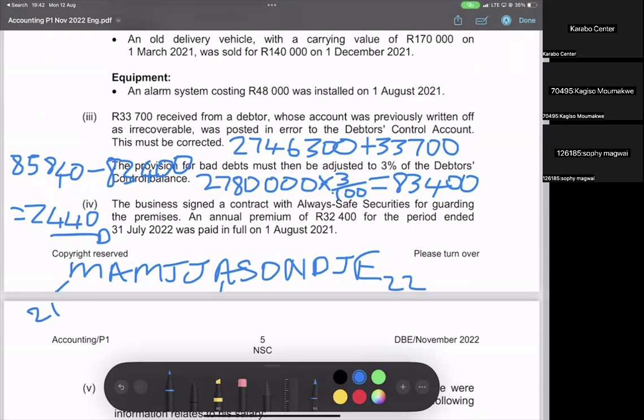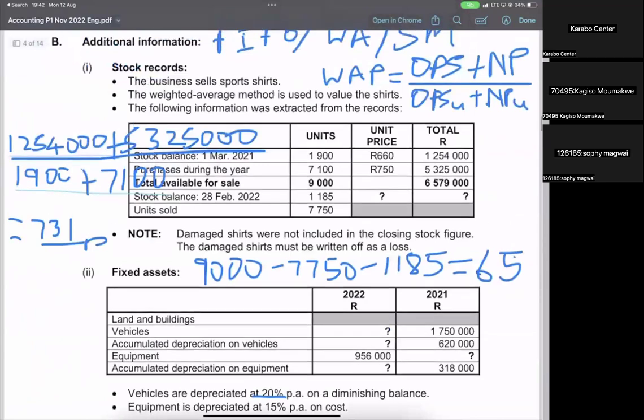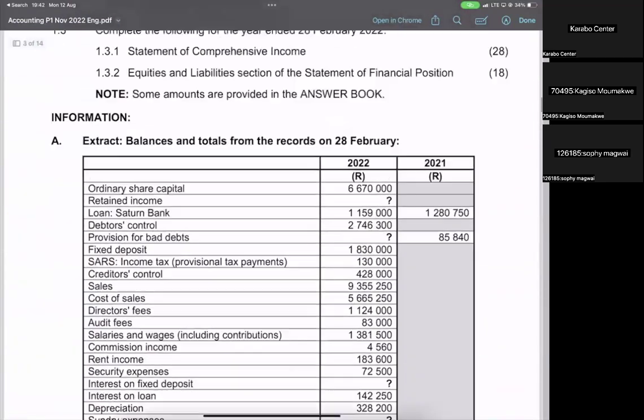But remember, our rules do not allow us to go beyond the financial year. We only record for 12 months when doing a statement of financial position and statement of comprehensive income.